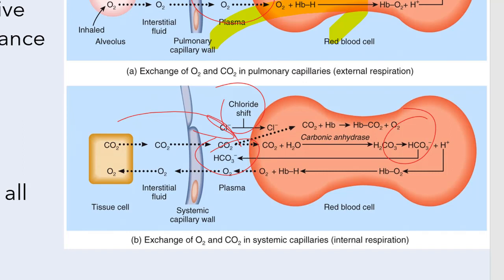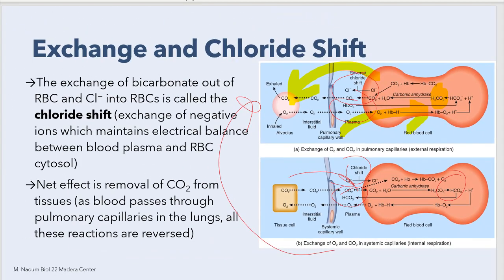When we get back to the lungs, the opposite will happen again. This is where we take back the bicarbonate, combine it with H+, get CO2, get rid of the CO2, and get rid of chloride to maintain that negative ion balance.